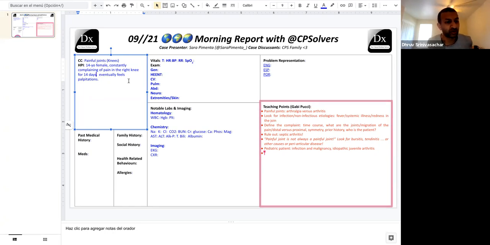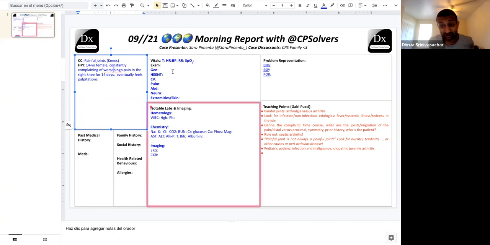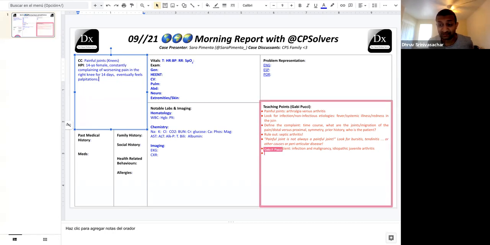So subacute worsening right knee pain and now feeling palpitations. So I would prioritize infection and autoimmunity at the start.